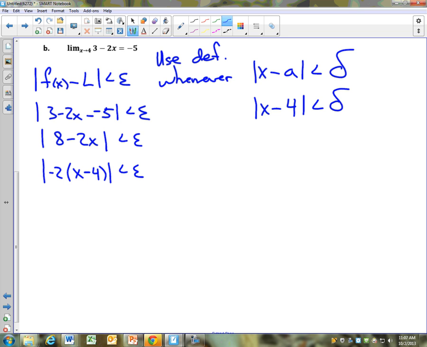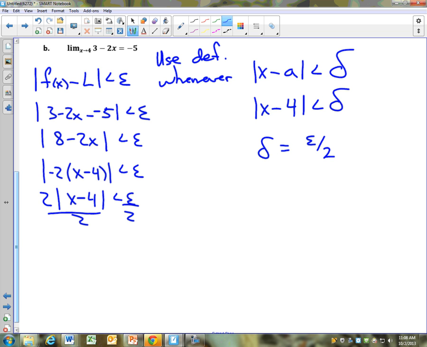If I factor a negative out of an absolute value sign, it becomes positive, because in an absolute value it doesn't matter. You can break an absolute value of a multiplication up into two parts. So we've got this x minus 4 is less than epsilon. What do you do to both sides? Divide by 2. And so we should choose delta to be equal to epsilon over 2.